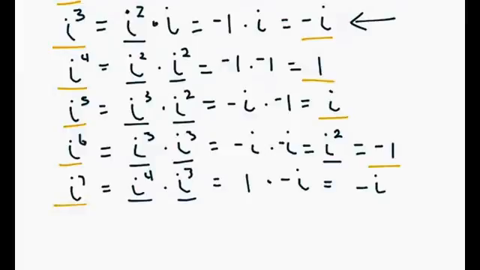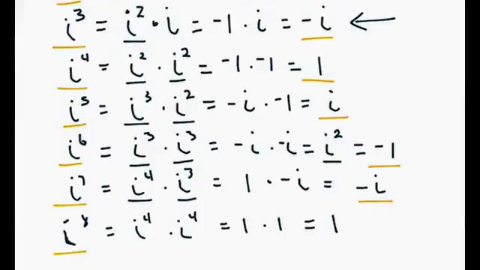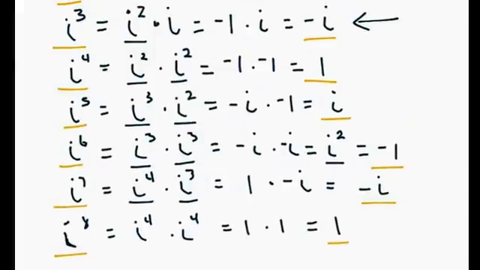So i to the seventh is negative i. Last one, i to the eighth. I have to get better at these i's. i to the eighth is i to the fourth times i to the fourth. i to the fourth equals 1, and 1 times 1 is 1. So i to the eighth equals 1.